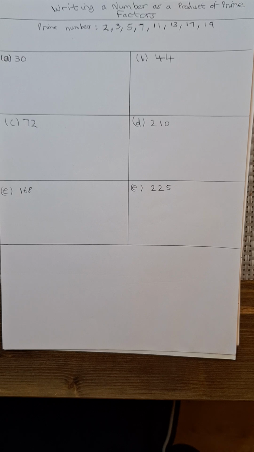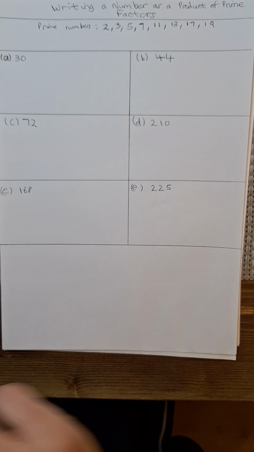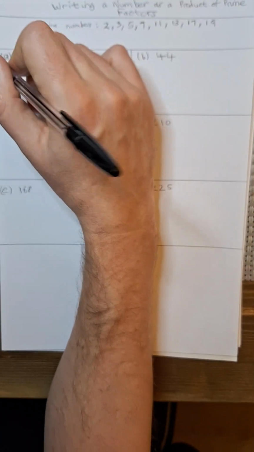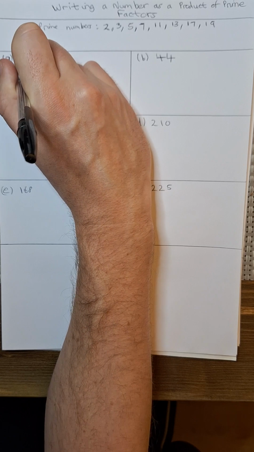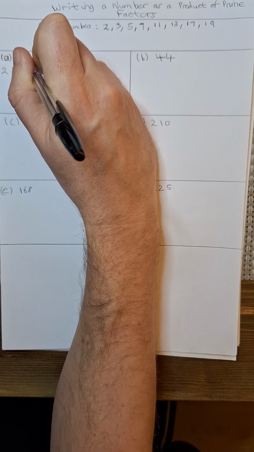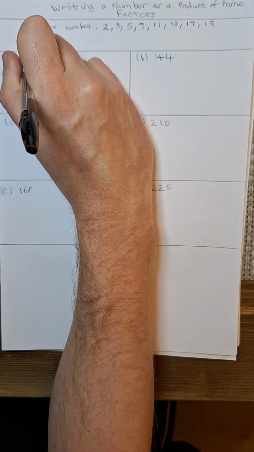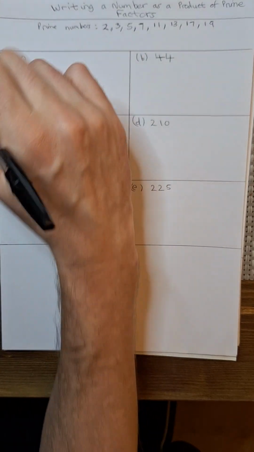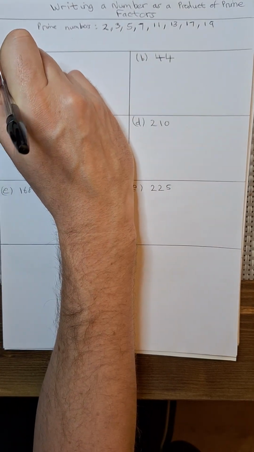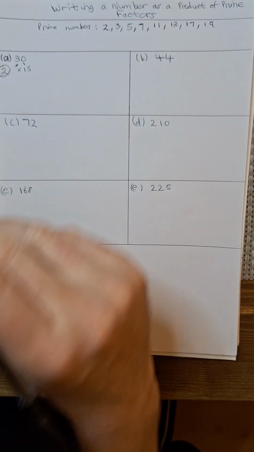Now, the first thing I do here, as I can see the number is even, I'm going to divide it by 2. So 30 divided by 2 equals 15. Therefore, 30 is 2 times 15. Now, as I know 2 is a prime number, we can simply stop here. Now we're going to look at 15.